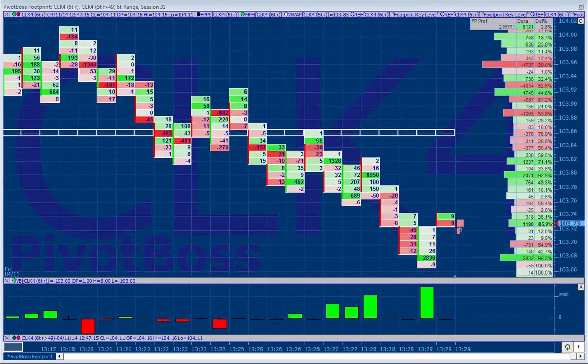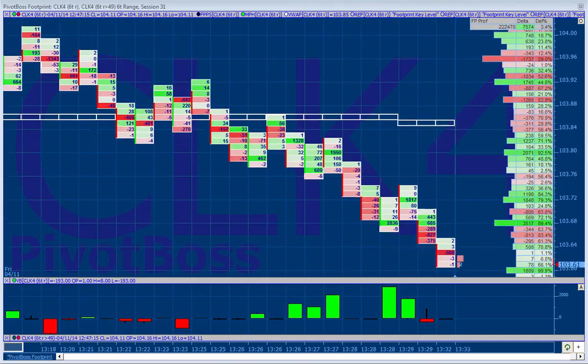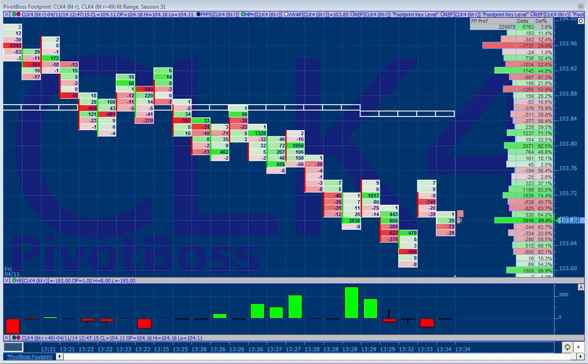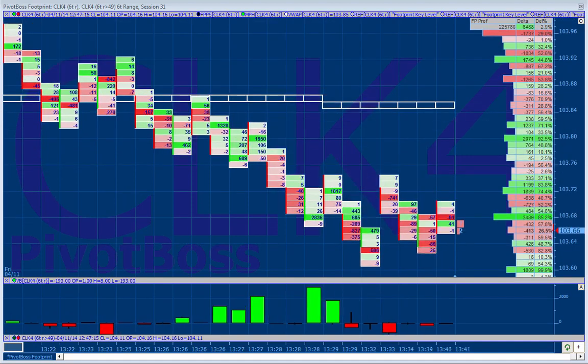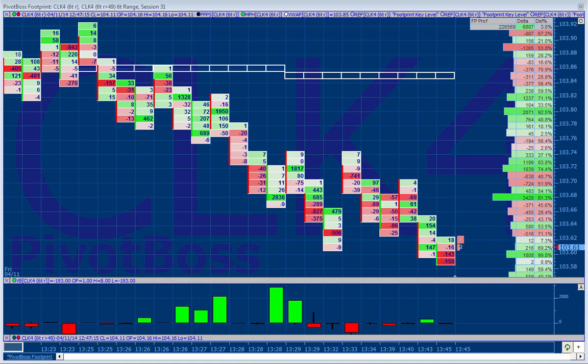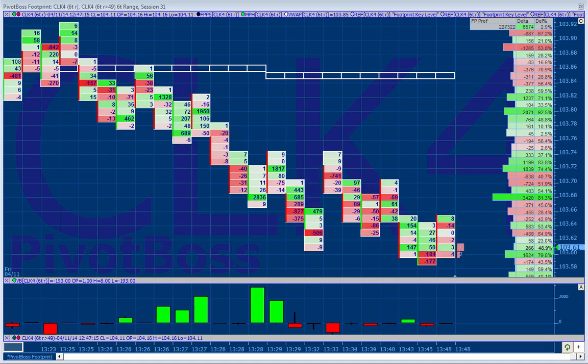Here we go. Price pushes lower. Look at all the buy imbalances that come in, and yet price isn't able to do anything but go down. Okay, so if I stop it here, look at all of these buyers that come in. Big time buys.